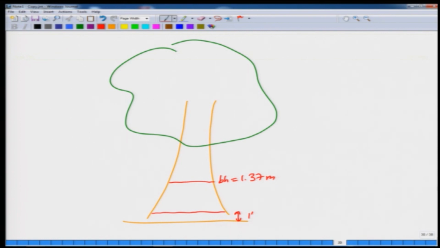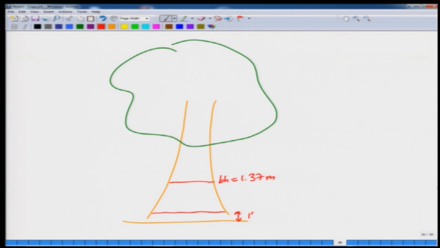You cannot cut at 0 height, because as you go down there are pebbles, there are rocks, there is undergrowth, and there is a good chance that your equipment while you are cutting this tree might strike one of these pebbles or rocks and get damaged.